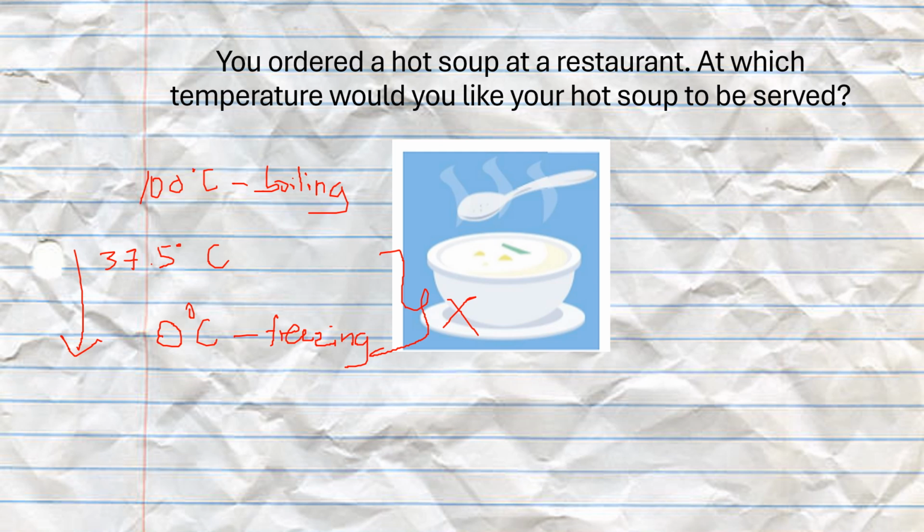However, 95 degrees Celsius is too close to the boiling point of water, which is 100 degrees Celsius. Thus, it is not a suitable temperature for the hot soup. Therefore, the suitable temperature of the hot soup could be 55 degrees Celsius.